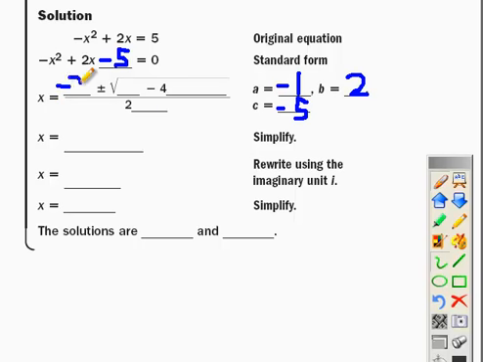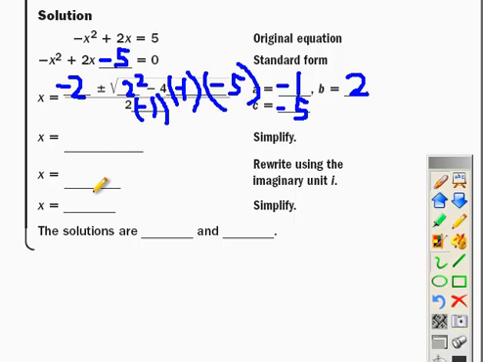X equals the opposite of B plus or minus the square root of B squared minus 4 times A, which is negative 1, that's important, times C, which is negative 5, also very important. You don't want to mess it up. All over 2 times A, and that's 2 times negative 1 on the bottom.